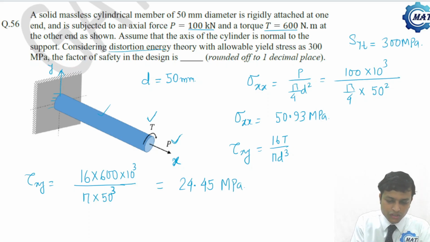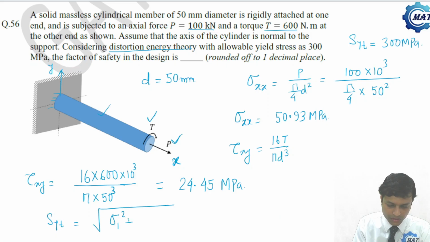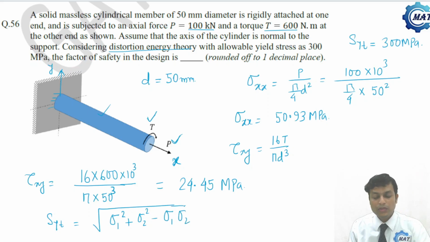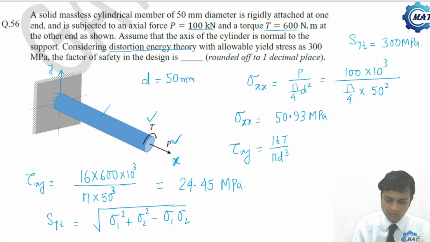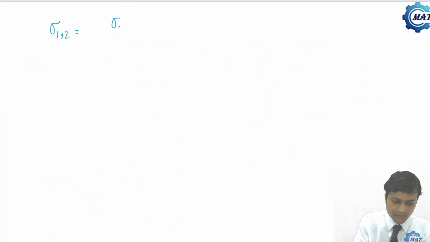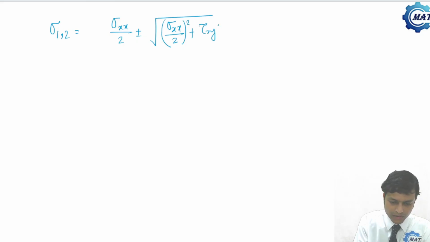Now according to distortion energy theory, that is the von Mises theory, we know that SYT is root over sigma 1 square plus sigma 2 square minus sigma 1 sigma 2, where sigma 1 and sigma 2 are principal stresses. Sigma 1, 2 is sigma xx plus sigma yy by 2, and here sigma yy is 0, so only sigma xx is there. That is sigma xx by 2 plus minus root over sigma xx by 2 whole square plus tau xy whole square.